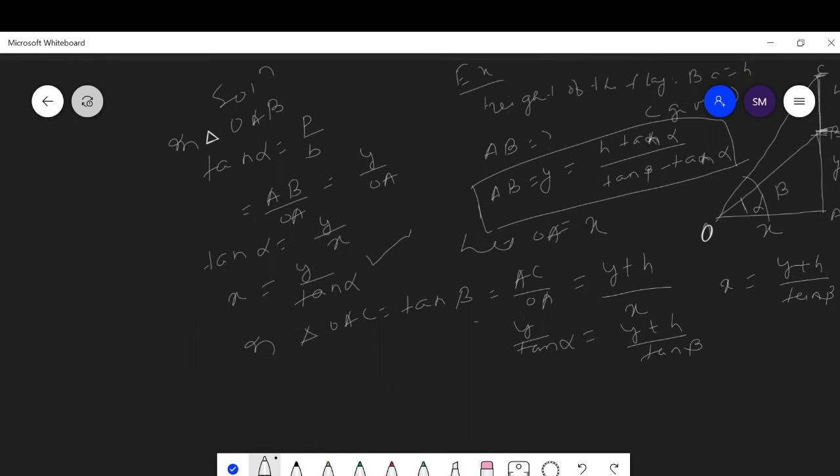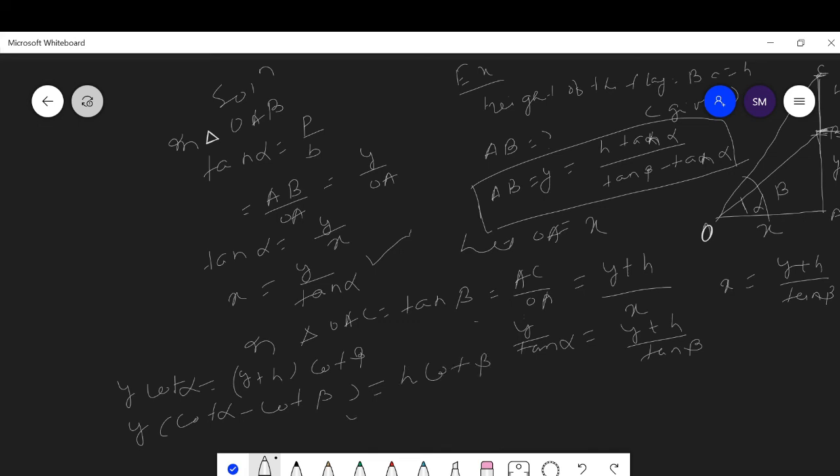Then in place of 1 upon tan alpha we can write cot alpha. Then we get y cot alpha is equal to y plus h cot beta. Then here taking y common we get y times cot alpha minus cot beta is equal to h cot beta.